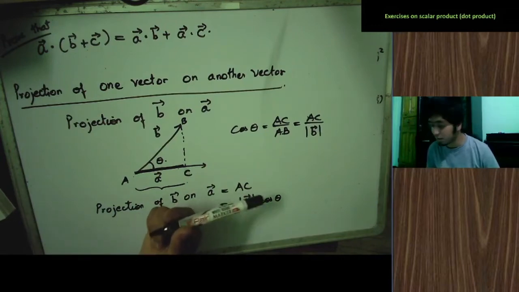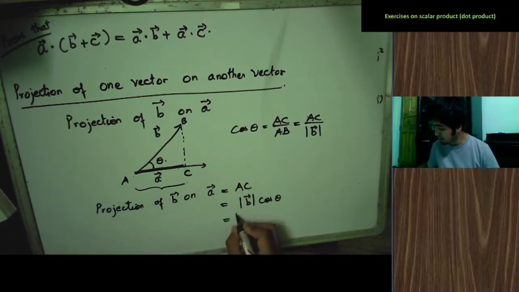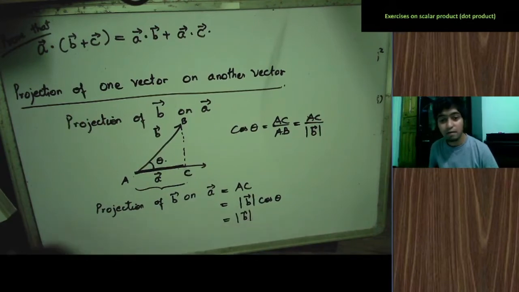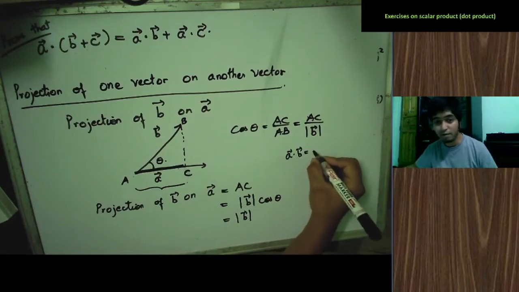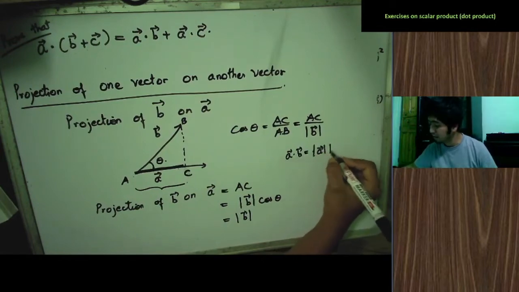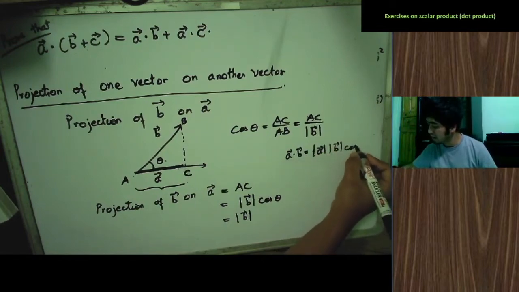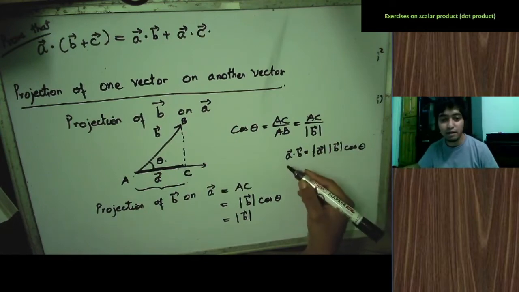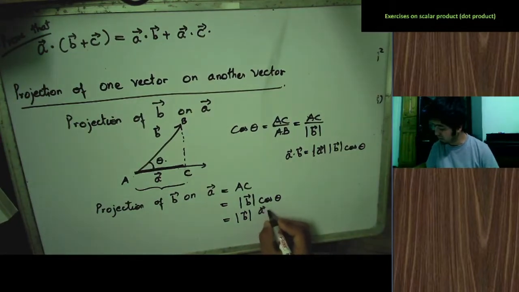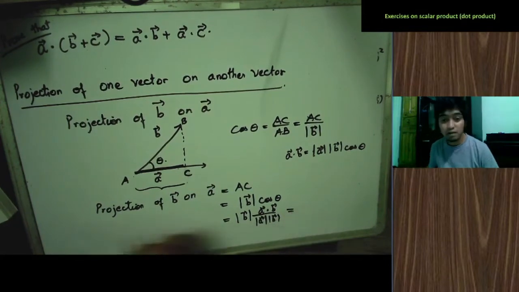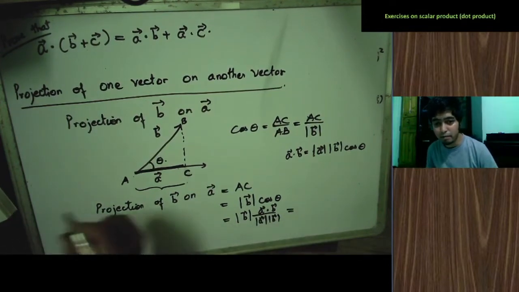It is B cos theta, but remember, A dot B is magnitude A, magnitude B, cos theta. So cos theta will be A dot B divided by magnitude A, magnitude B. So how much will we get?